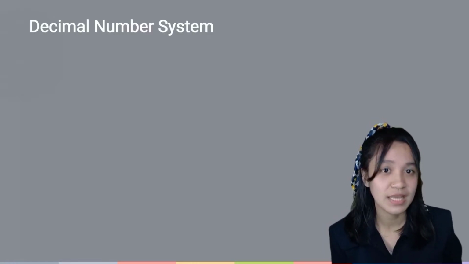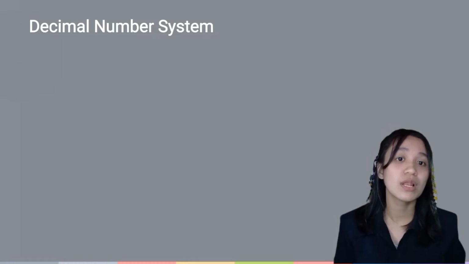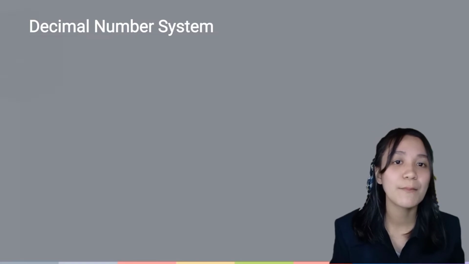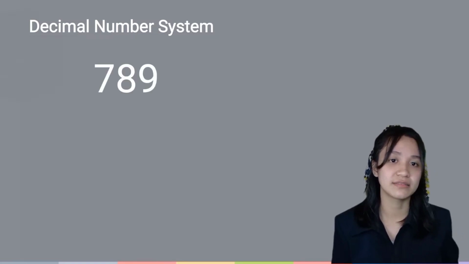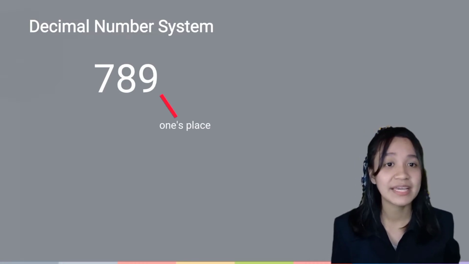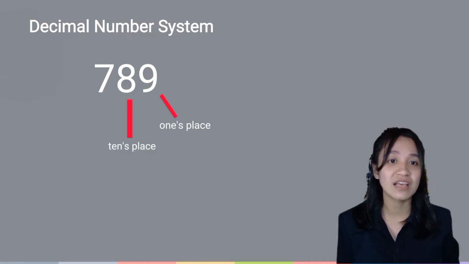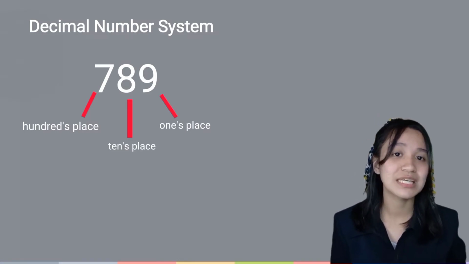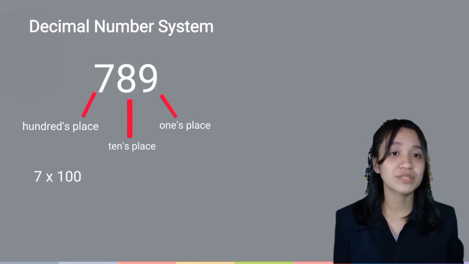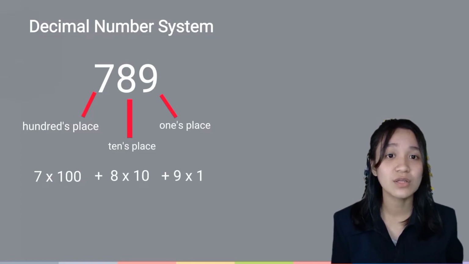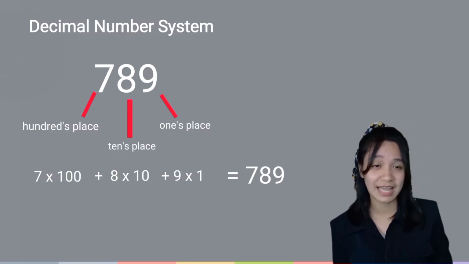Let's tackle the decimal number system more, since understanding decimal will help us understand binary. Consider the number 789. We often say that 9 is in the ones place, 8 is in the tens place, and 7 is in the hundreds place, which makes this number equal to 7 times 100 plus 8 times 10 plus 9 times 1, all equal to 789.